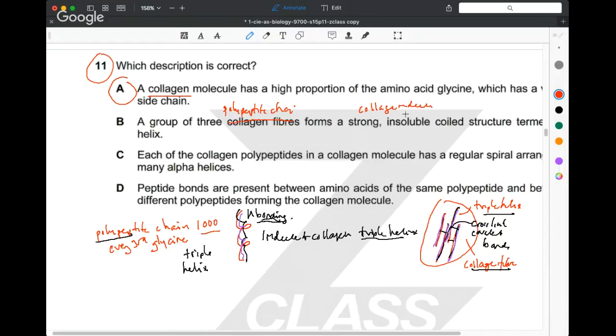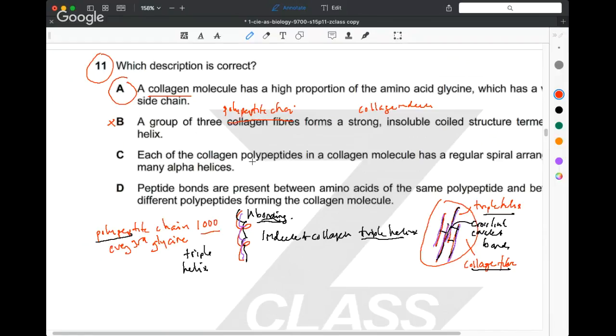So they're playing around with the vocabulary here, but that's wrong, isn't it? It's not that you're getting 3 collagen fibers, you're getting 3 polypeptide chains forming a collagen molecule, and then many collagen molecules are joined together to form a collagen fiber. So that's a distractor that I think is quite easy to choose incorrectly.